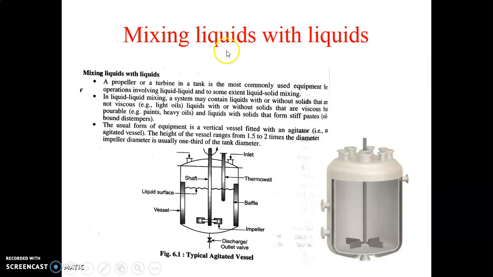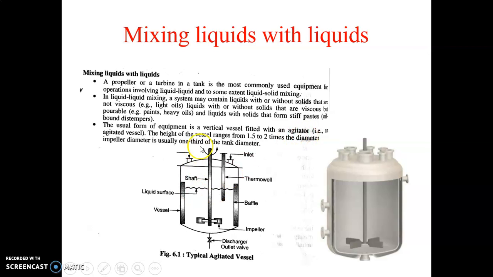First we discuss mixing of liquid with liquids. In this case, the mixing is carried out in a tank, and that tank is called an agitated vessel. This tank is nothing but a vertical vessel fitted with an agitator.